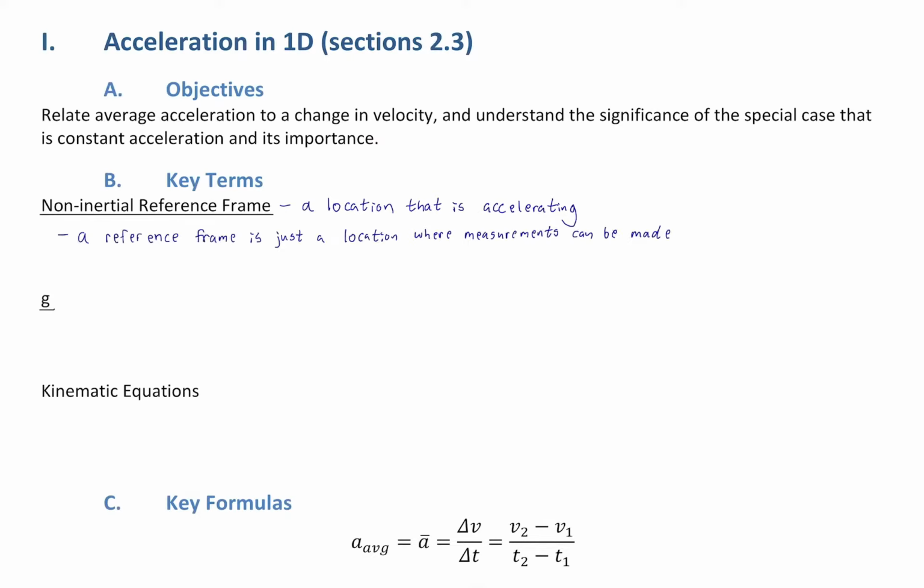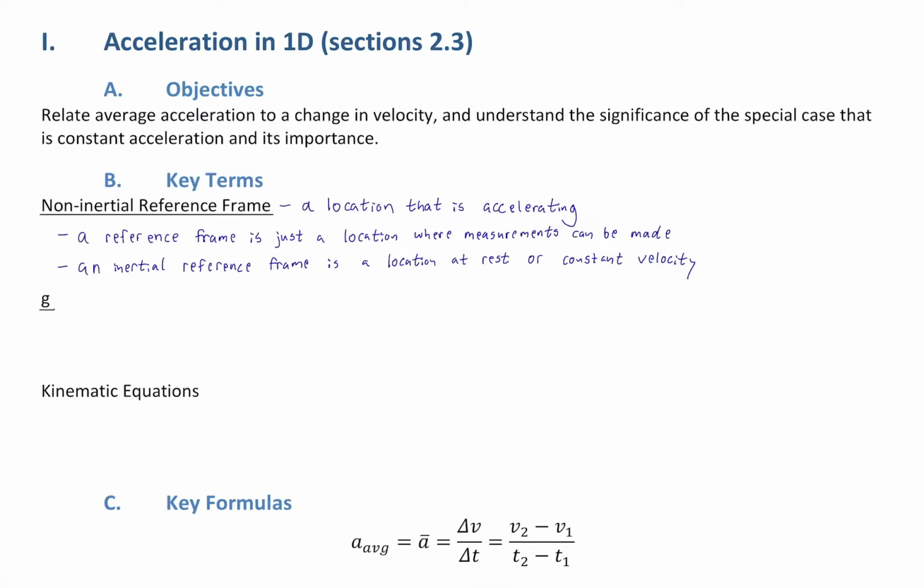A reference frame, because what the heck is that, is just a technical term for a location where measurements can be made. Any place where you make measurements or perform an experiment is a reference frame. On the other hand, an inertial reference frame is a location at rest or at constant velocity, in other words, anything that's not accelerating.